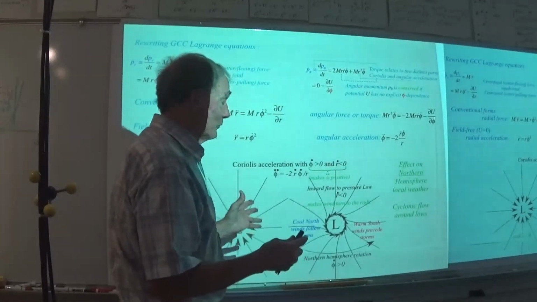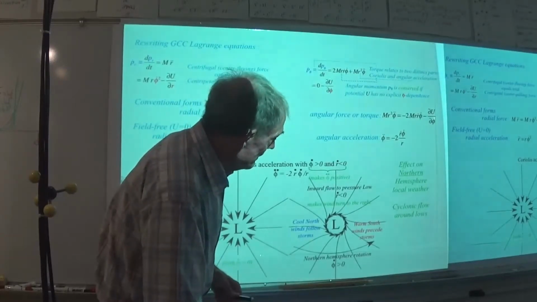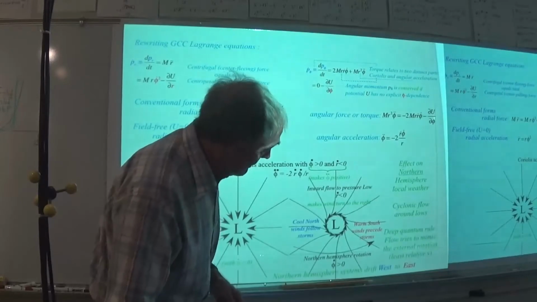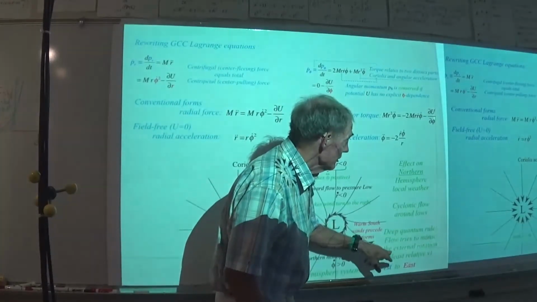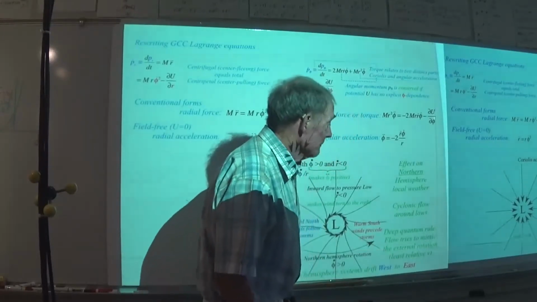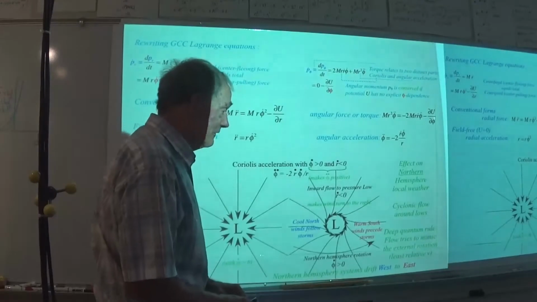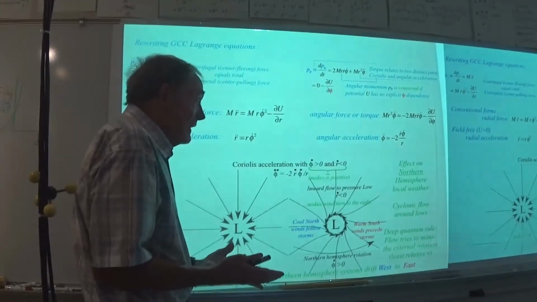Now, I like to use the quantum mechanical view of this thing, and I think I've got that actually written at the bottom there. Might as well put it here too. Deep quantum rule: flow tries to mimic the external rotation. In other words, reduce the relative velocities. Because relative velocity is like a beat of the waves, and that's high energy.